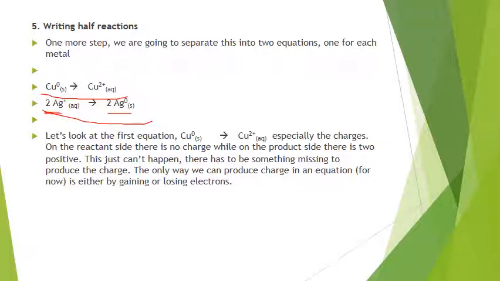So what we have to do is add electrons into both these equations to make up for the plus here. Okay, so copper goes from Cu to 2 plus, so it's sort of gained a 2 plus, which means it's really lost 2 electrons. While the silver, on the other hand, has gained 2 pluses.